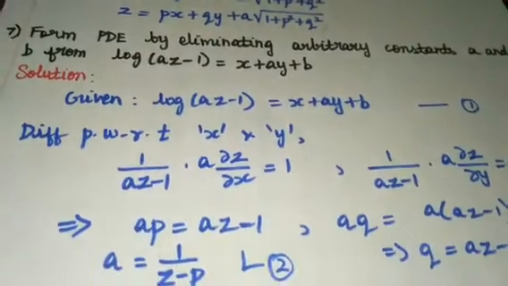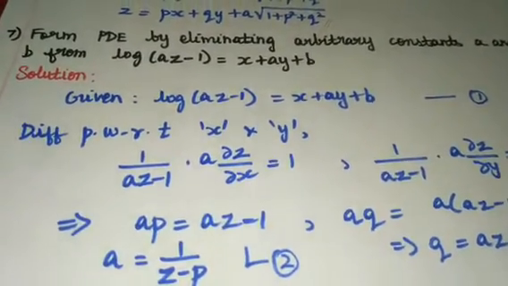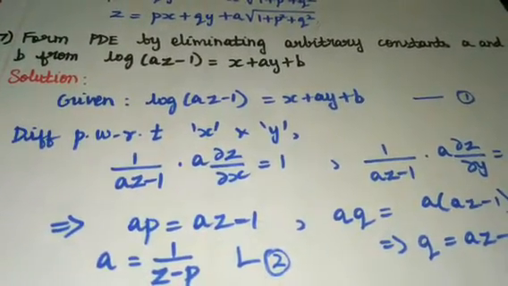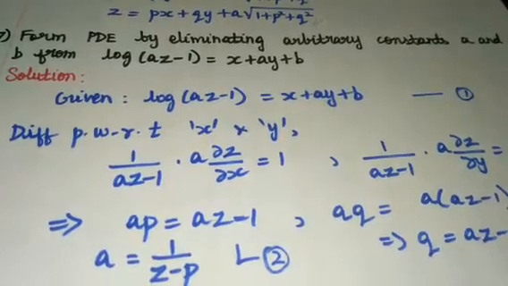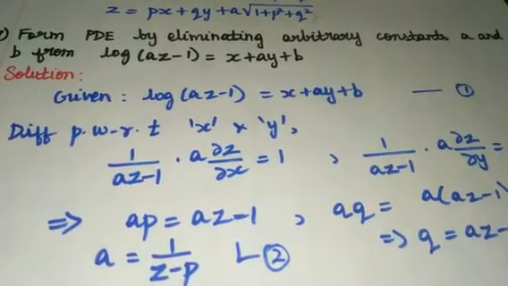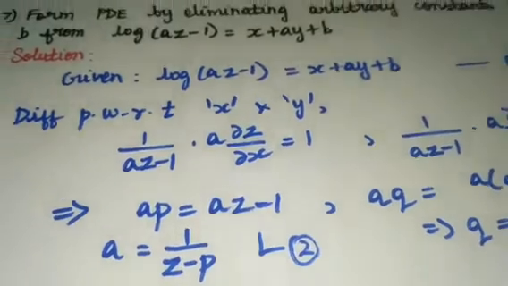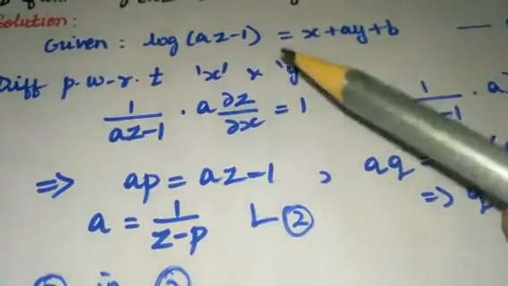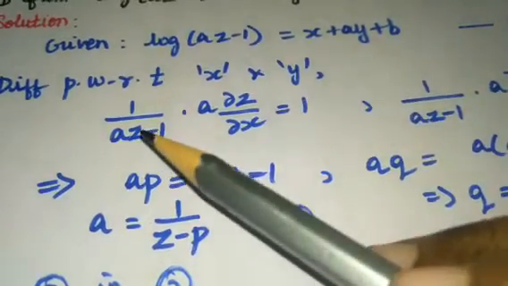So the last example is to form the PDE by eliminating arbitrary constants a and b from log(az − 1) equal to x + ay + b. Differentiate partially with respect to x and y the given equation.